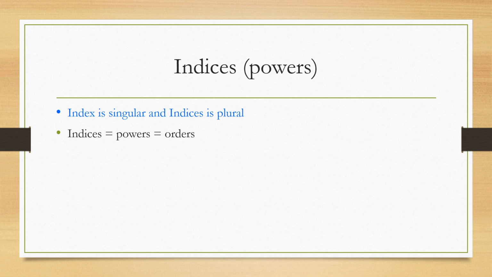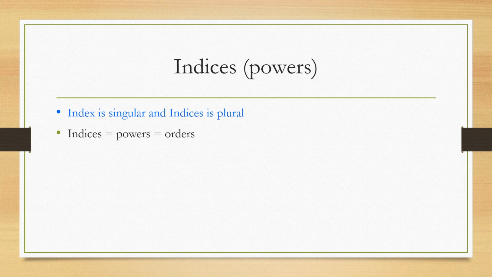I showed you this because during my GCSE times, most of us were really confused with what an index or indices was because we thought they were completely different things, because we haven't been taught this. So I'm showing this to you now. Don't get confused. They're just the same thing.